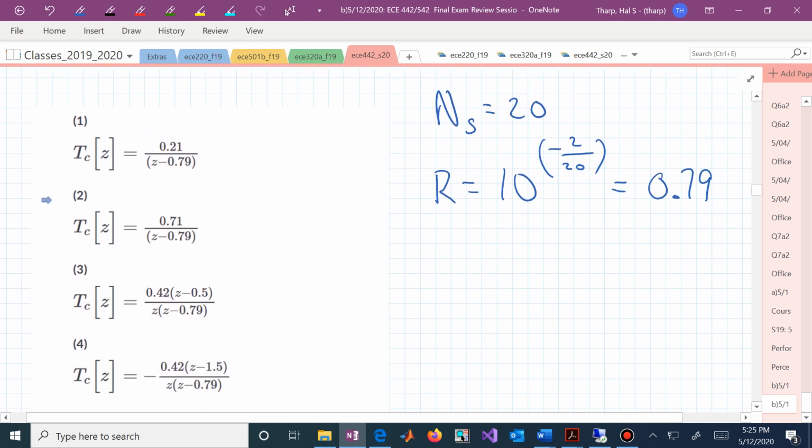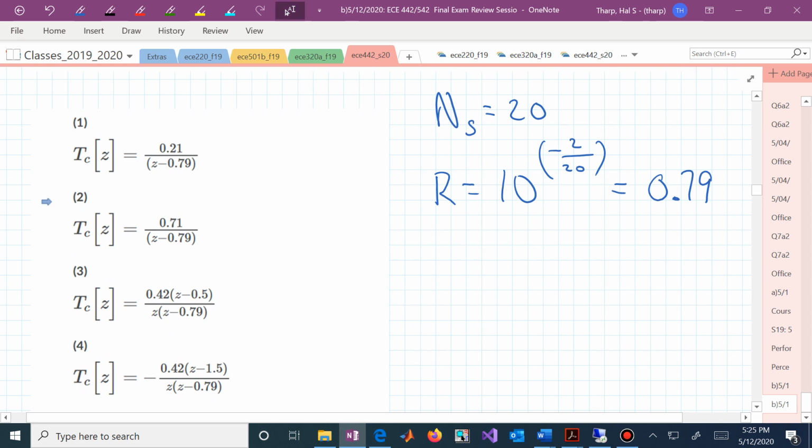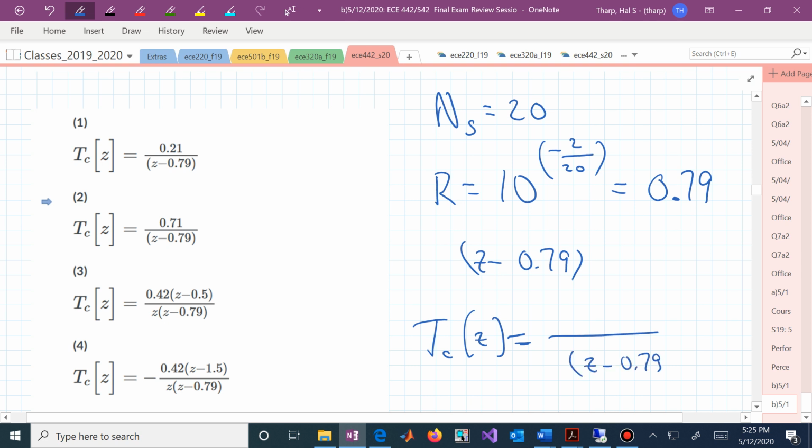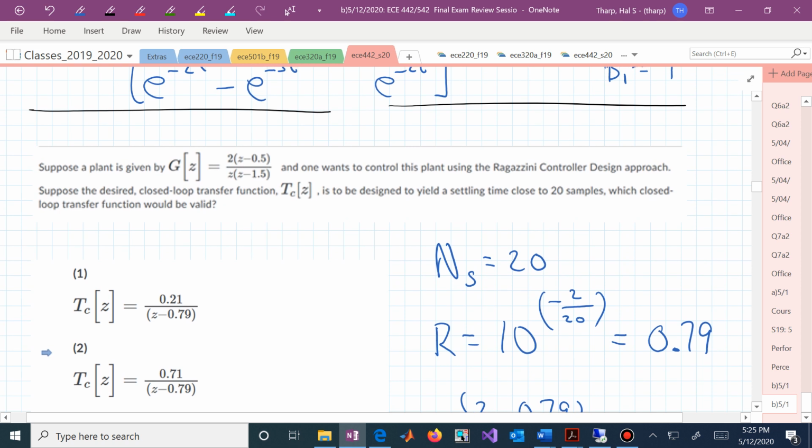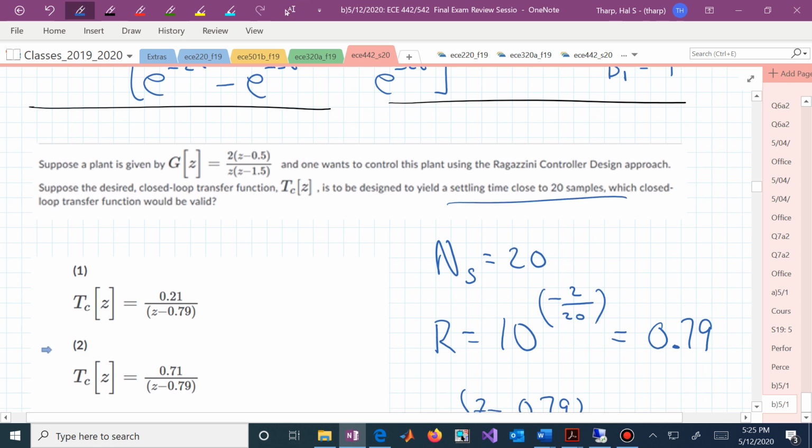And good, that's making us feel warm and fuzzy because all of these denominators have a z minus 0.79 factor. We now know that t sub c of z is something with a z minus 0.79, so that was kind of given to us, this part.